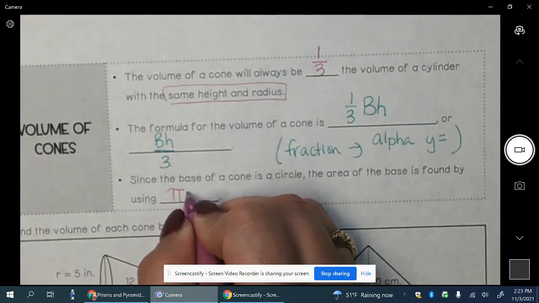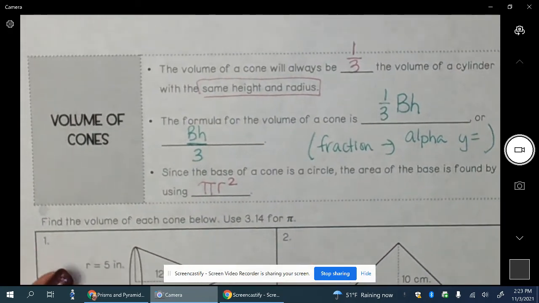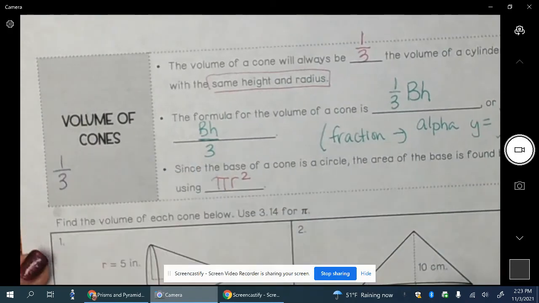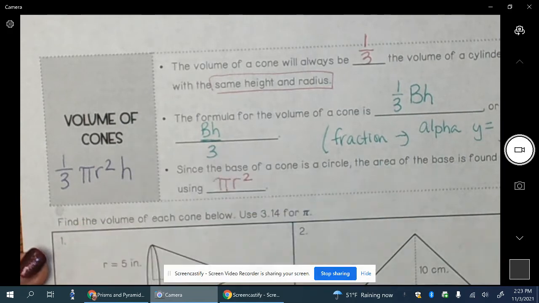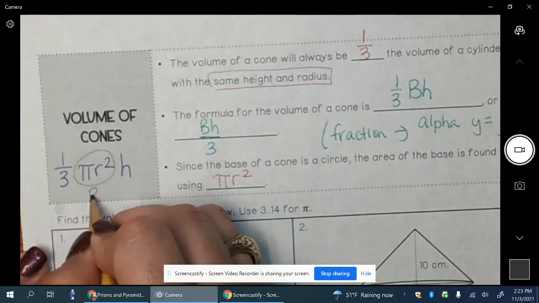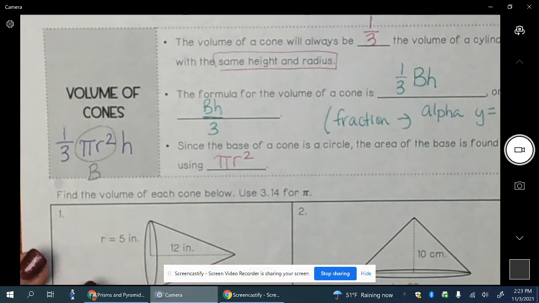Pi r squared. So our formula is 1/3 pi r squared h. And the pi r squared, that's our big B, because our base is a circle.